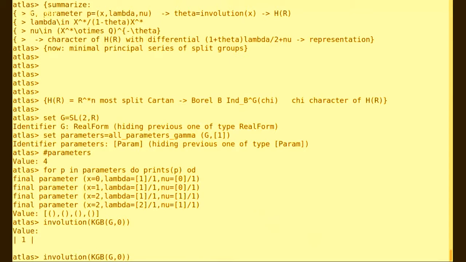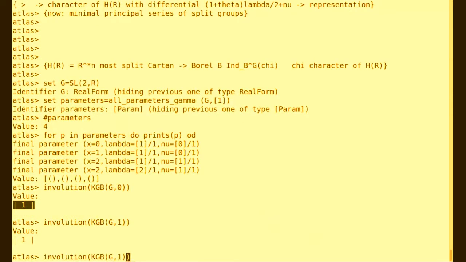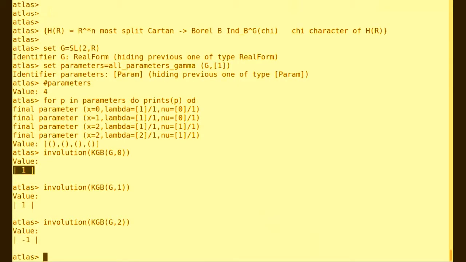So that is to say, the Cartan associated to this KGB element is compact because the corresponding theta is 1. And similarly, if you look at the involution of KGB element 1, it's also 1. And the involution of KGB element 2 is -1.